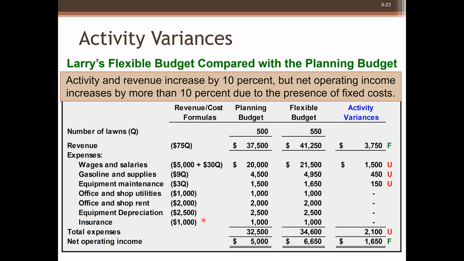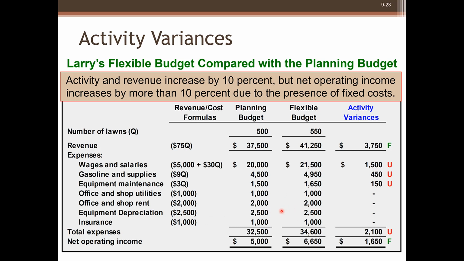Why? Here, activity and revenue increase by 10%. Variable expenses increased by 10% as well. But wages and salaries are a mixed expense, so the expense in the flexible budget increases by less than 10% because of the fixed component. And fixed expenses are constant.